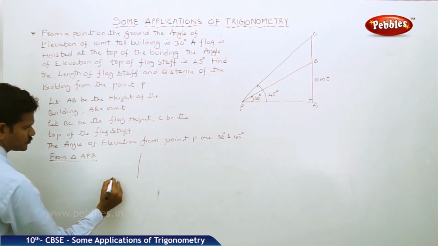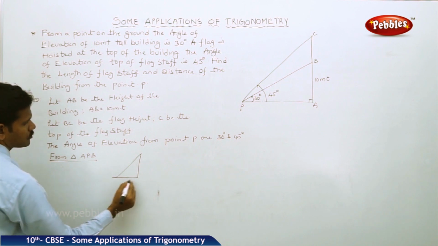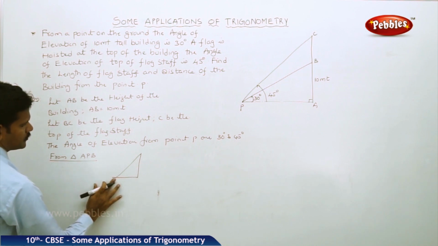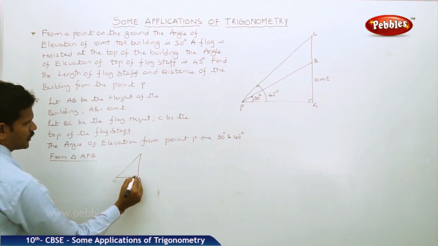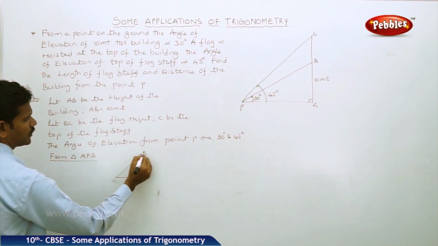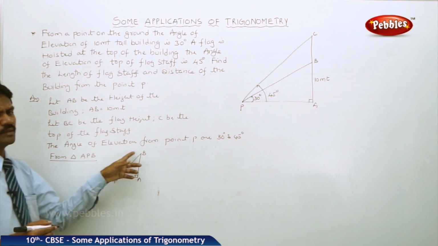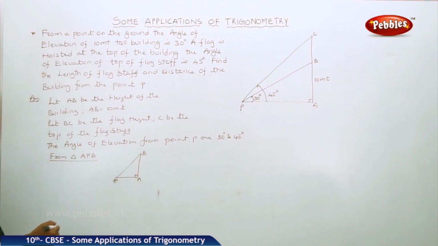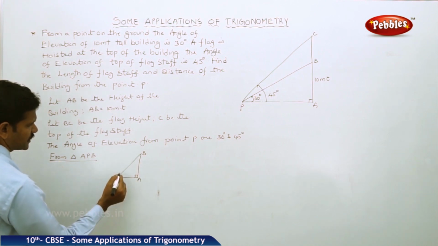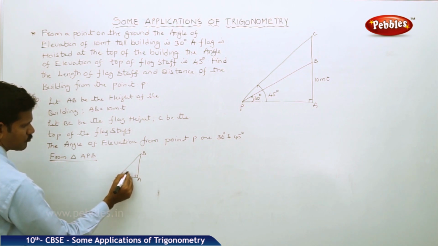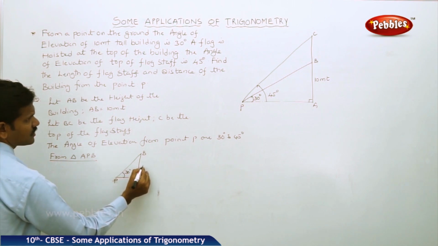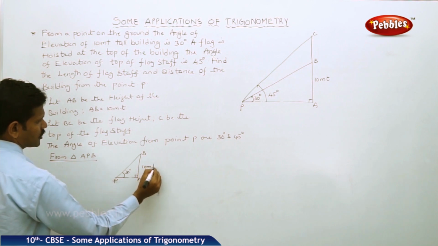Take out A, B, P, that is from triangle APB, which makes an angle 30 degrees and height is 10 meters.